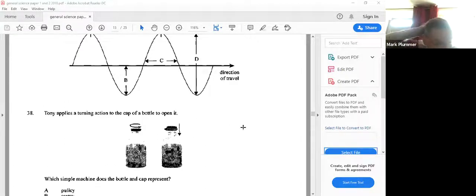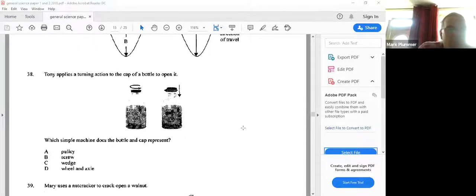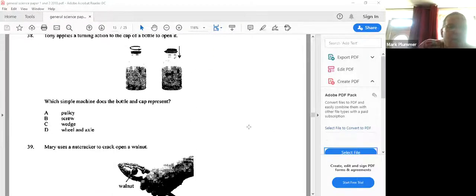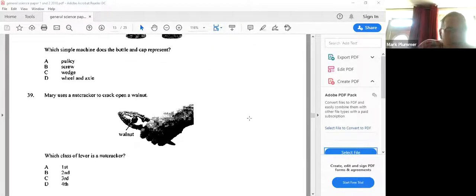Number 38. Tony applies a turning action to the cap of the bottle to open it. Which simple machine does a bottle and cap represent? And the answer to number 38 is B. Okay, Mary uses a nutcracker to open a walnut, number 39. Which class of lever is a nutcracker?